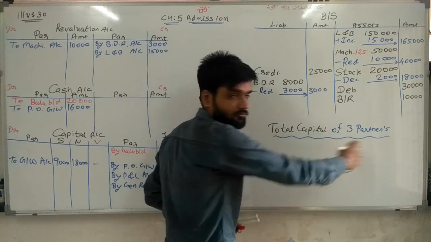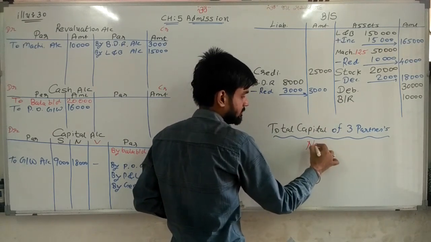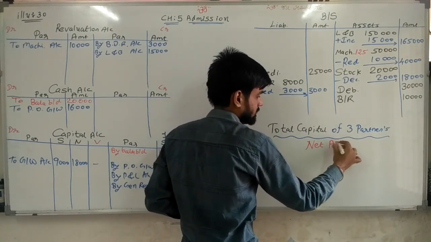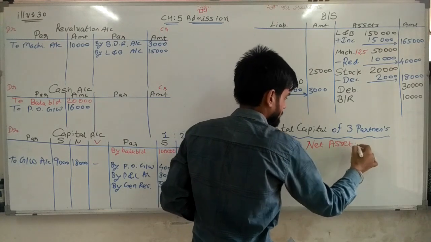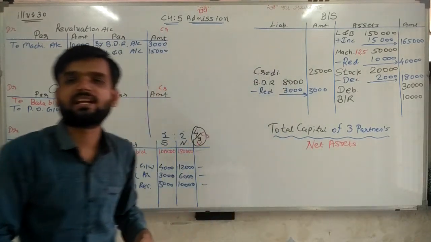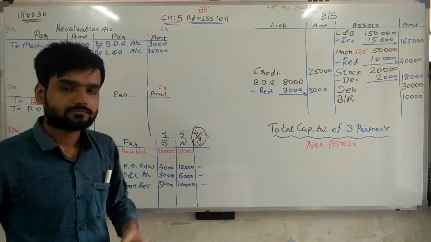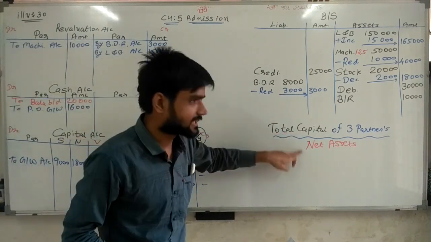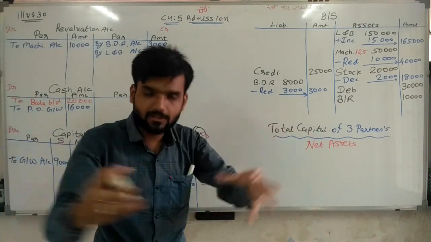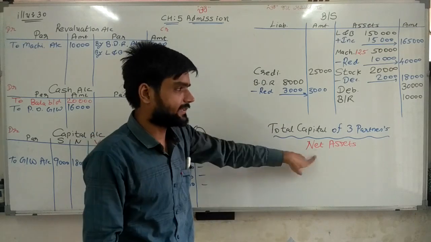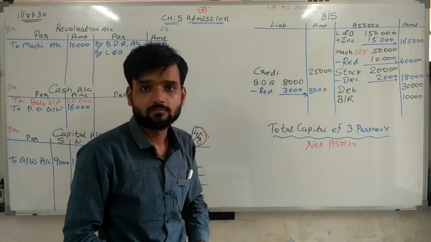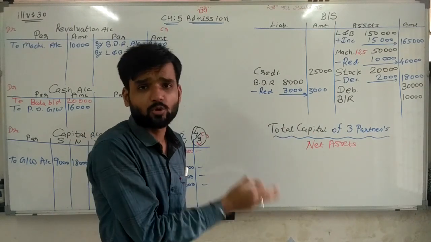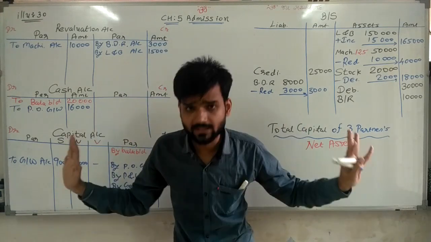So the total capital of three partners is net asset. Both are the same. Total capital of three partners and net asset are both the same. This is very important for this chapter.